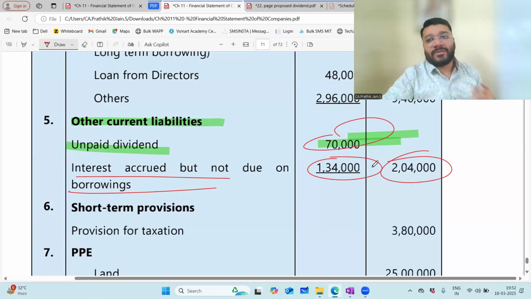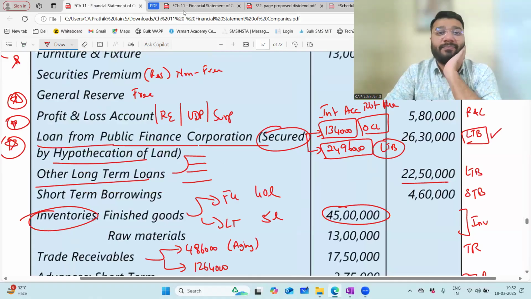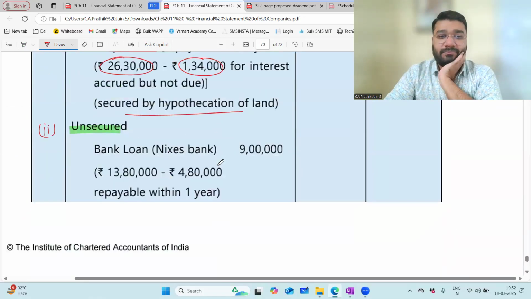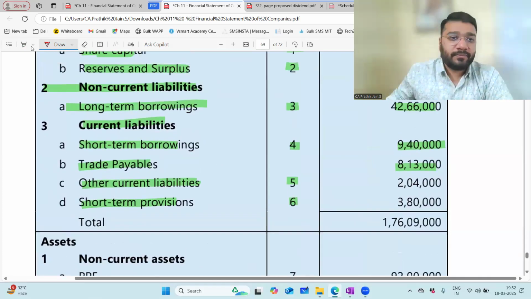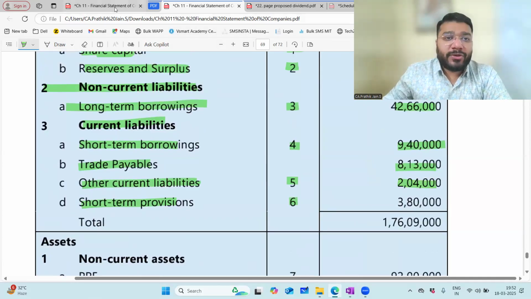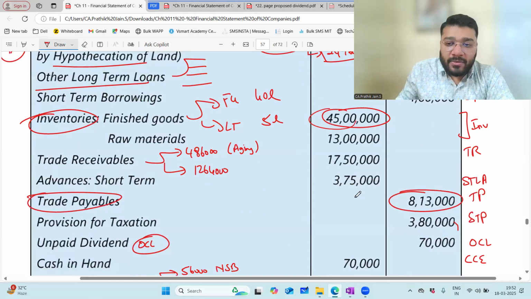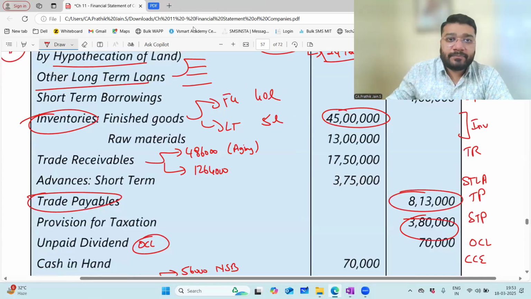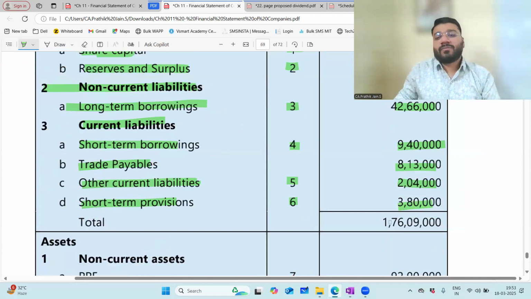Total is 2 lakh 4,000. Short-term provision is nothing but provision for tax, which is how much? 3 lakh 80,000 rupees. Total should be 1 crore 76 lakh 9,000.